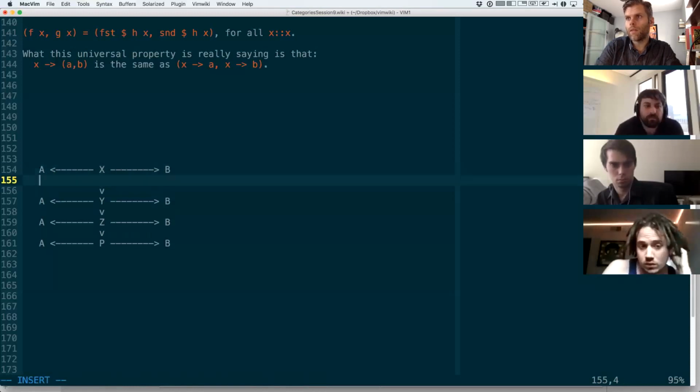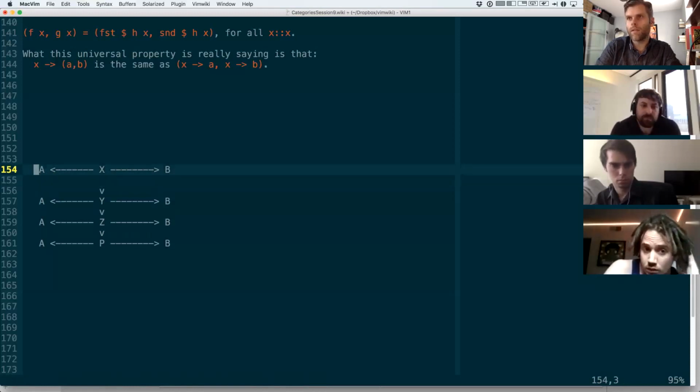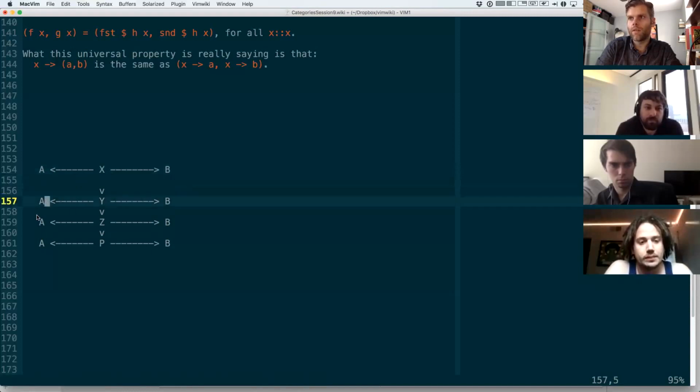Yeah, so I just have a category of things that look like this thing on line 154. Right. And then there's obviously an arrow from A to A. Yeah. There's obviously an arrow from B to B. And then in order to construct an arrow between 154 and 157, I just need to say that that diagram now commutes by inserting this arrow from X to Y, right?